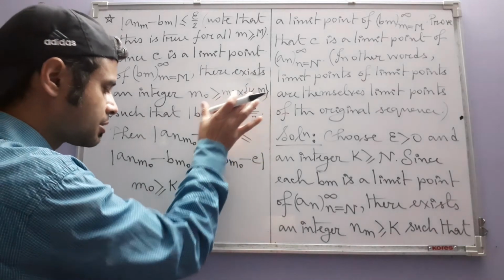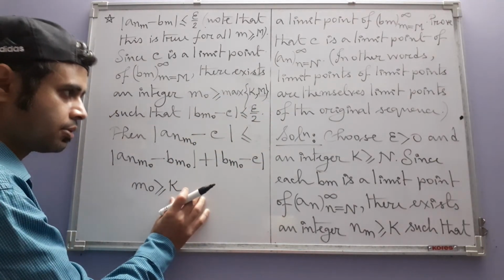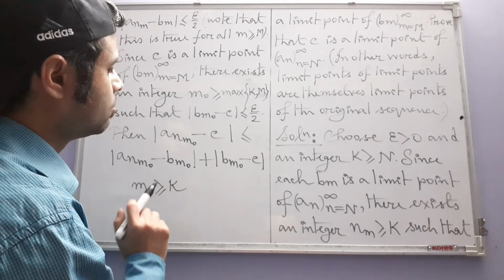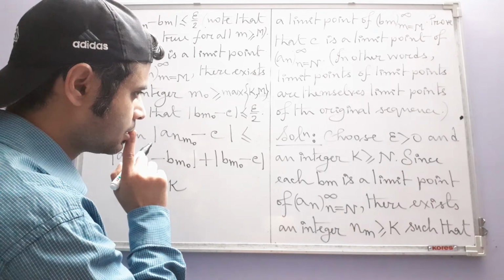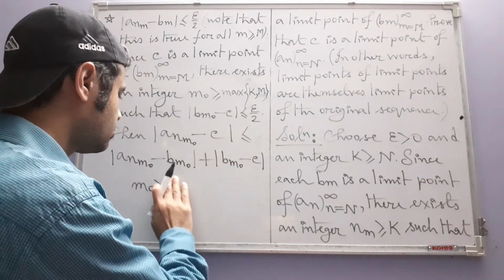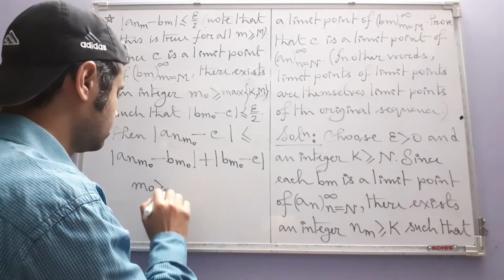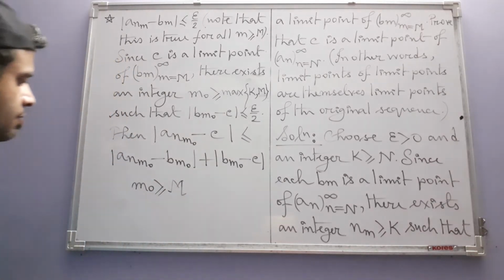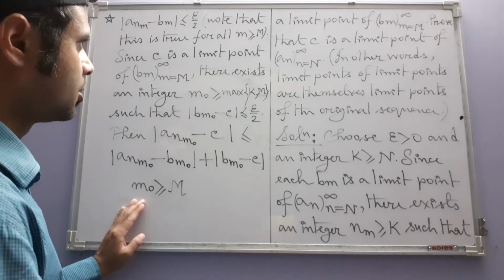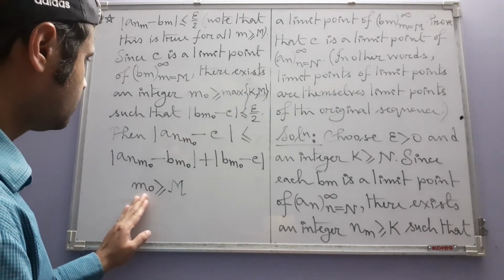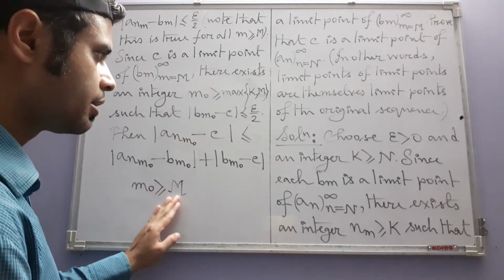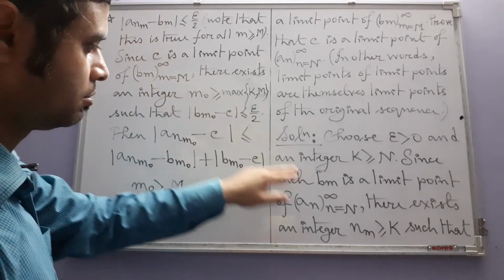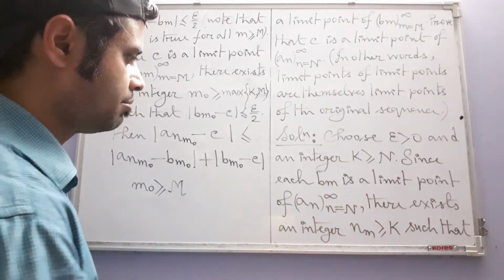Why? Because this maximum itself is greater than or equal to k. Oh no, that's not what I wanted to say. This is of course greater than or equal to k, but this is what I need. Because now you see our m naught is greater than or equal to M, and that is why we can take this m here.